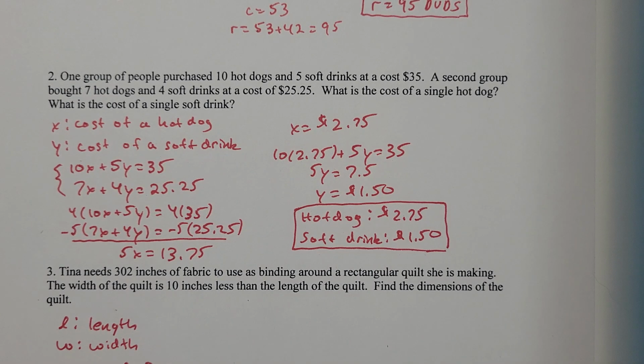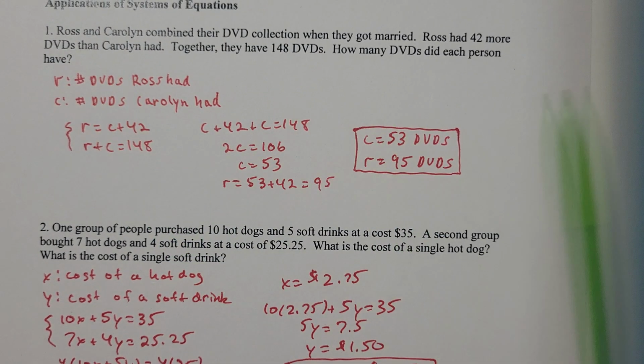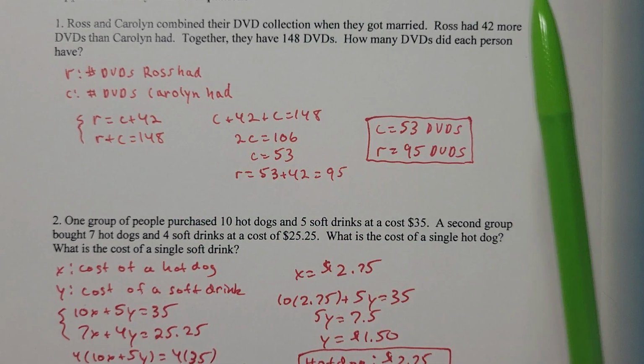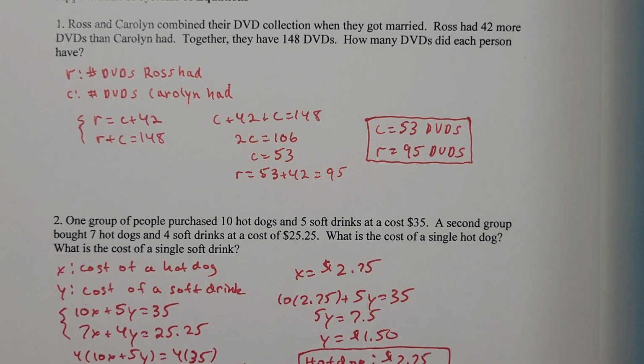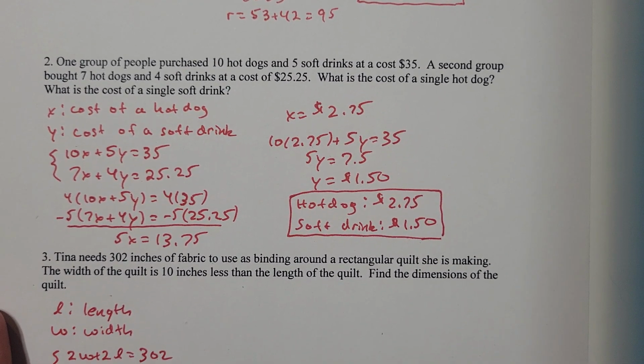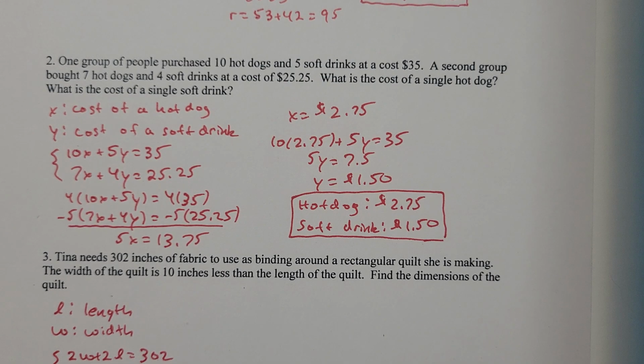By the way, tell me what X and Y are for these problems, because even if it's so obvious that R is Ross's collection and C is Carolyn's collection, tell me that, because sometimes it's not so obvious. And for something like this, I see sometimes people would say X is equal to hot dogs and Y is equal to soft drinks.